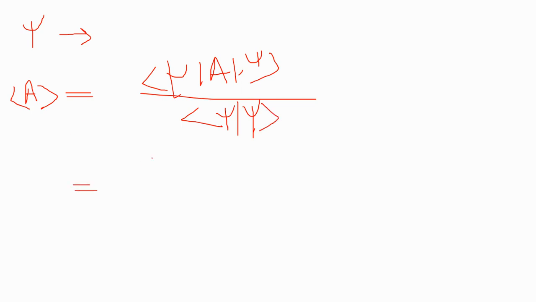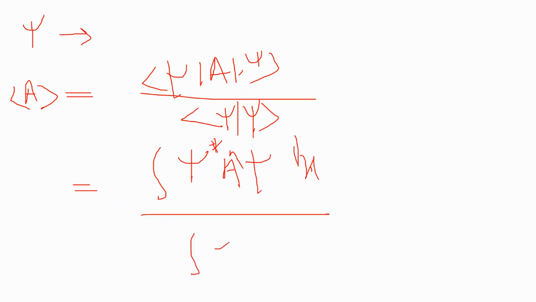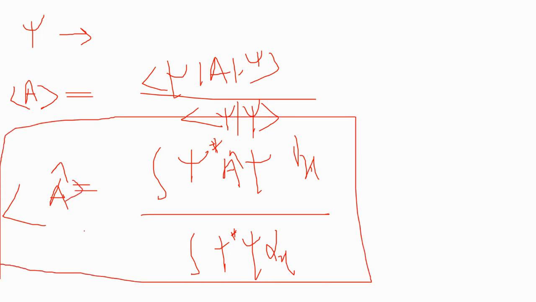In terms of integration, it will be the integral of psi star A cap psi dx for one dimension, divided by the integral of psi star psi dx. So this is the formula for the expectation value of an operator. This was the quantum mechanical treatment of the hydrogen atom, and we also discussed a few things in quantum mechanics.